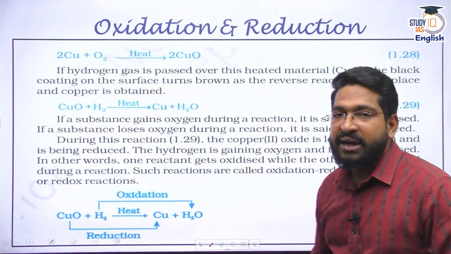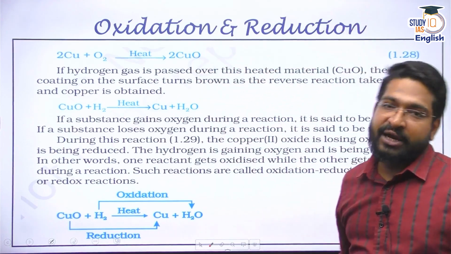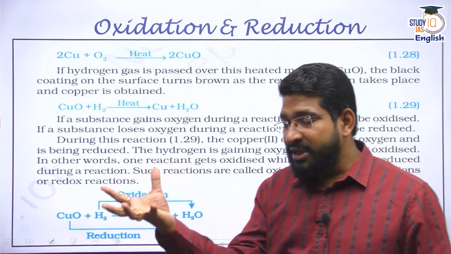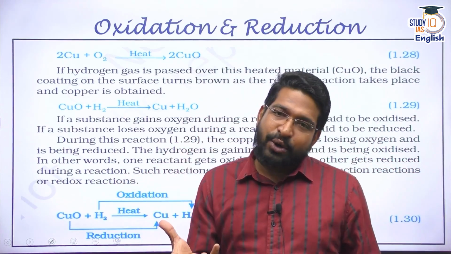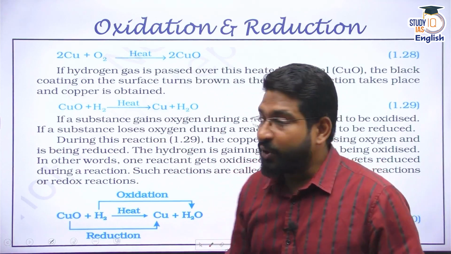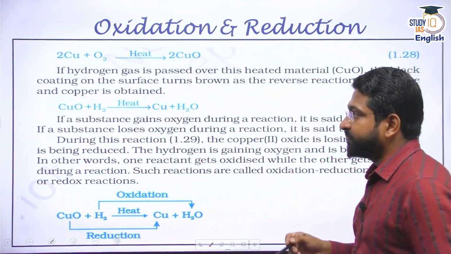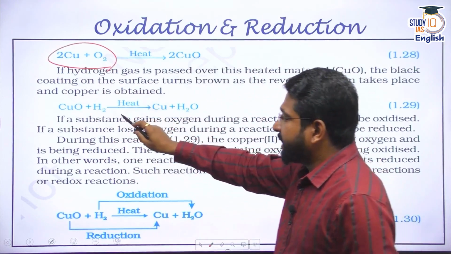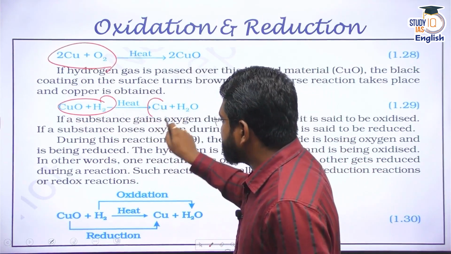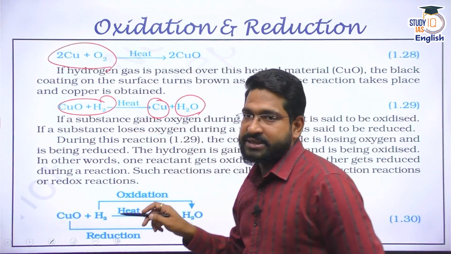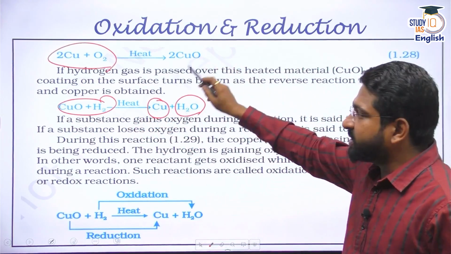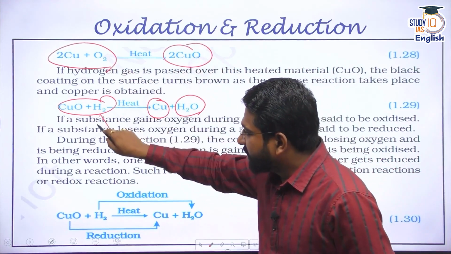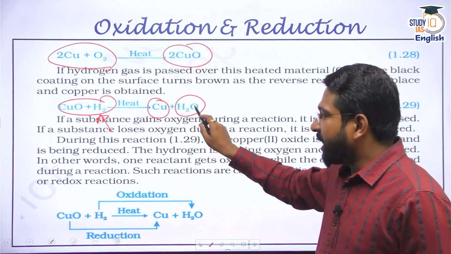Now, apart from that, it can be an oxidation or reduction reaction. The general understanding of oxidation is that something combining with oxygen is an oxidation reaction. For example, one of the ideas given here is that copper oxide reacts with hydrogen, leading to the formation of copper, and water is released. This is the reaction given here: copper mixing with oxygen leading to copper oxide, reacting with hydrogen leading to copper and water.